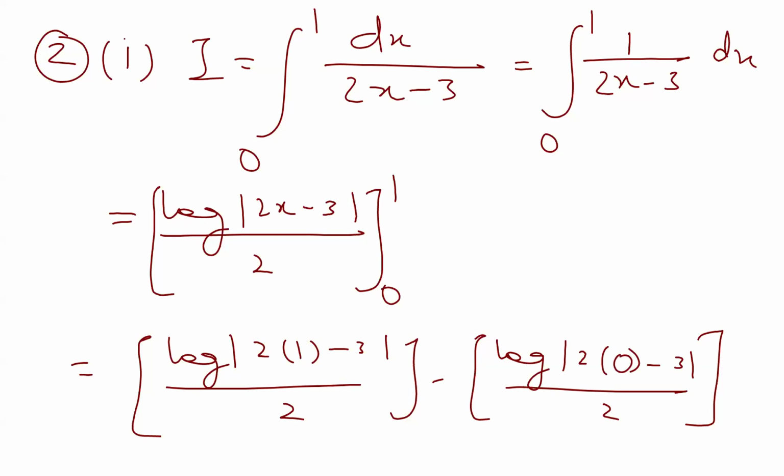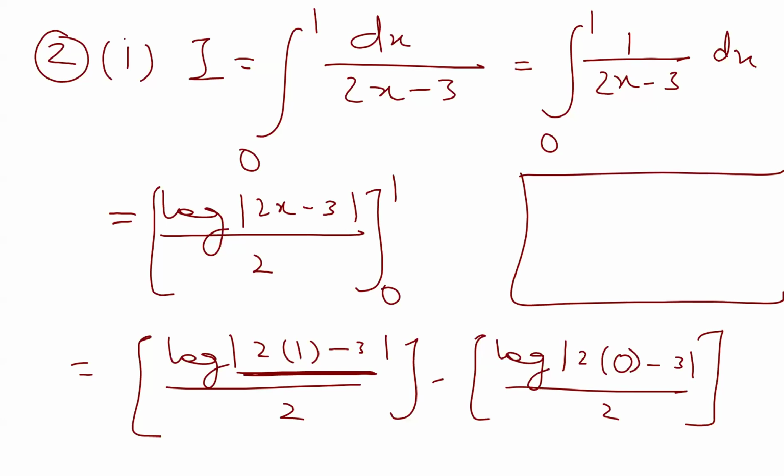Upper limit and lower limit. Lower limit is 0. Correct. So this is 2 minus 3, which is minus 1, and modulus of minus 1 is 1. So log 1 minus, 0 minus 3 is minus 3, and modulus of minus 3 is 3.